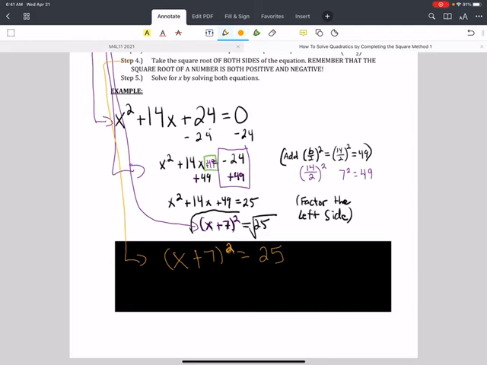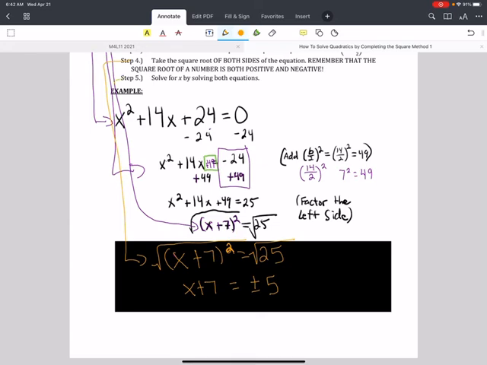The square root of x plus 7 squared is just x plus 7. The square root of 25, remember, I get two answers. I get plus or minus 5, because it could be 5 or it could be negative 5.